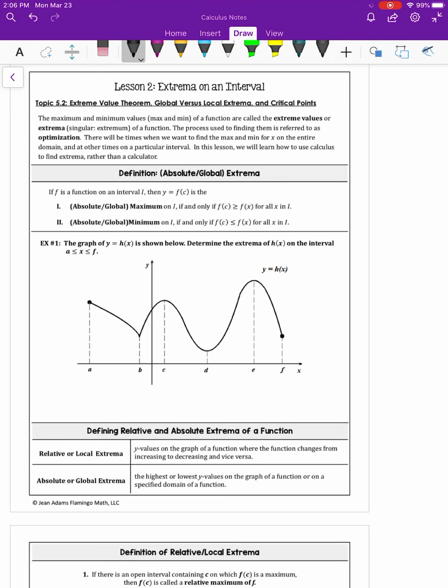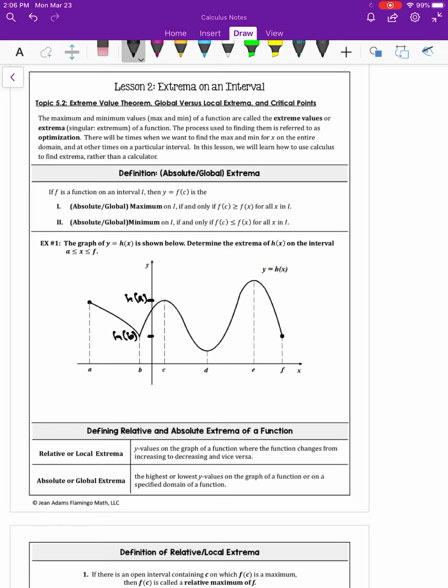So for example number 1, it gives us a graph of a piecewise function, and it's called h of x. Determine the extrema of h of x on the interval from a to f. So what you want to be looking at here is, you'd be following your a value over. This would be your h of a here because I followed it over from that point.